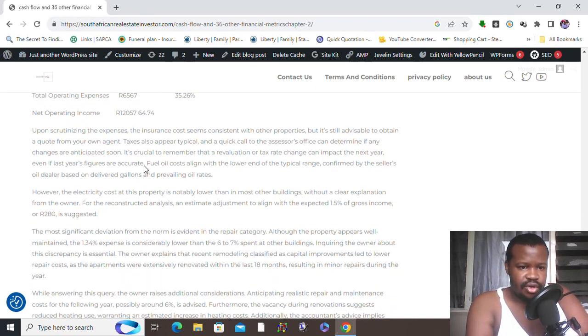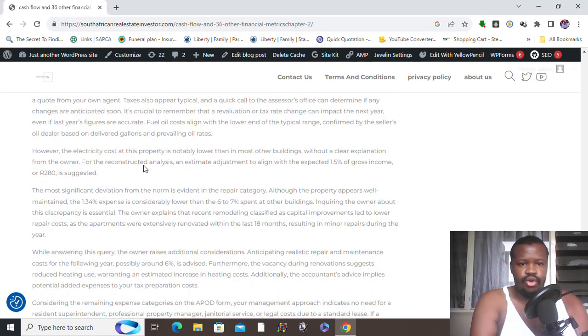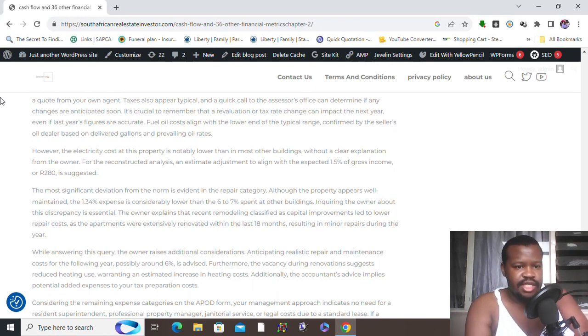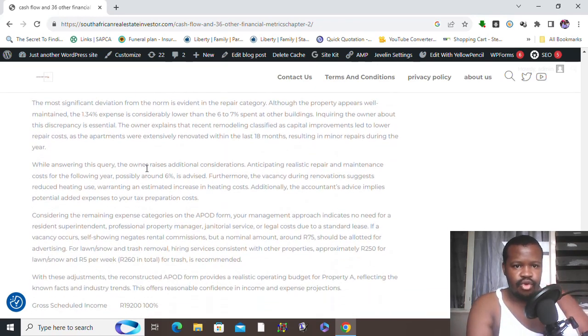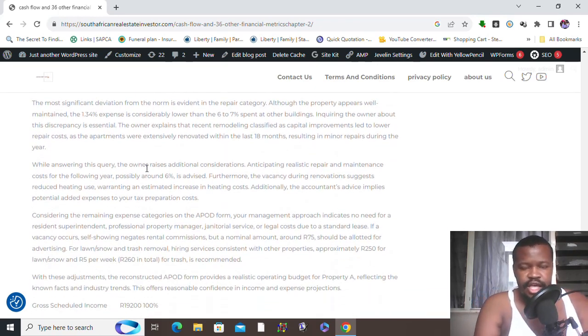However, the electricity cost of this property is notably lower than in most other buildings, without a clear explanation from the owner. From the reconstructed analysis, an adjustment to align with the expected 1.5% of gross income, or 280 rand, is suggested. The most significant deviation from the norm is evident in the repair category.